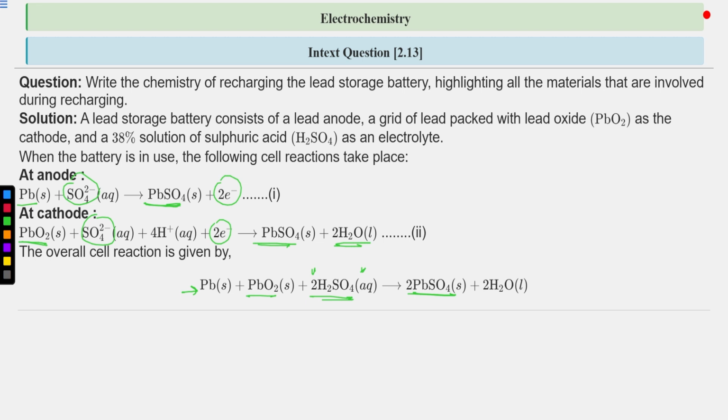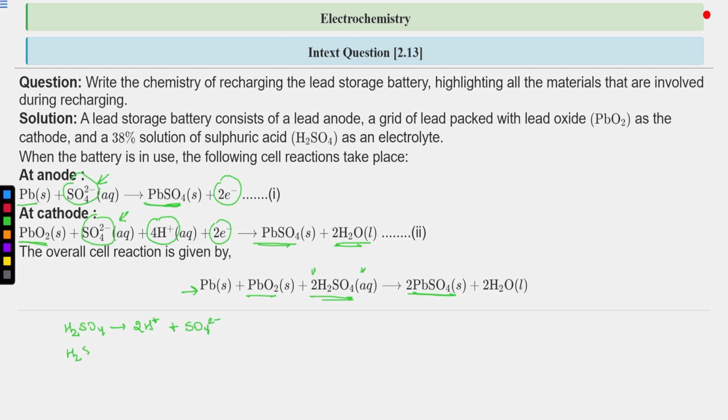So if you see, when you add these two reactions, where is the SO4 coming? Here in the anode at the left hand side of the arrow, here again at the left hand side of the arrow. Also H positive is present in 4 amounts at the left hand side of the arrow. When you combine them, basically H2SO4 is dissociating. If you dissociate the H2SO4, it will convert to 2H positive plus SO4 2 negative, right?